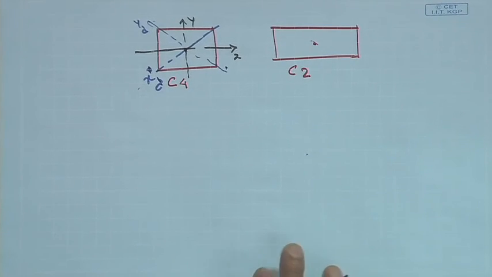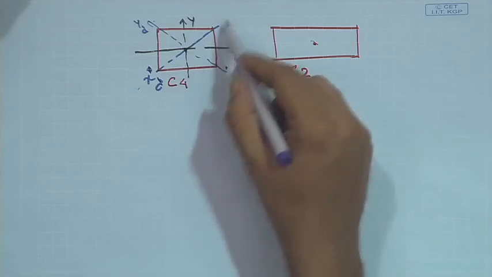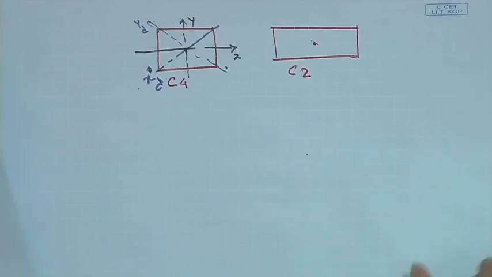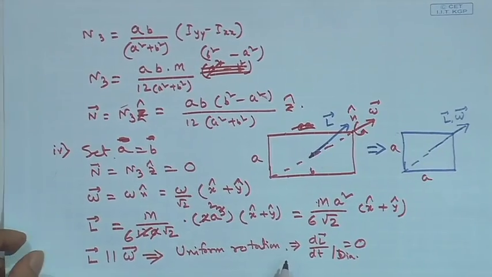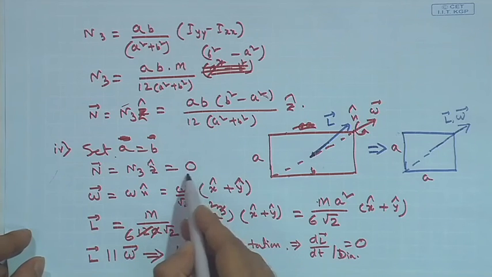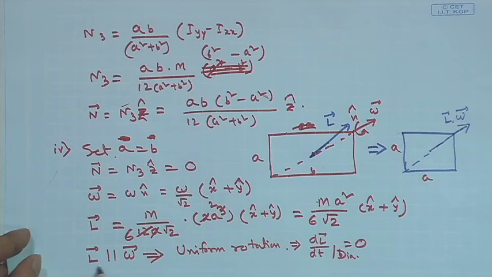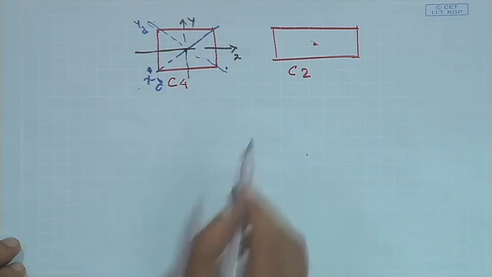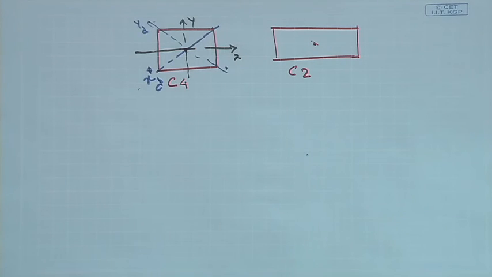And this is why, because the axis of rotation is a symmetry axis, we have the torque vanishing, n becomes equal to 0 and omega is collinear to L. Okay. Fine. So, I think we gain a better understanding of the first theorem or first identity we proved by solving the second problem.